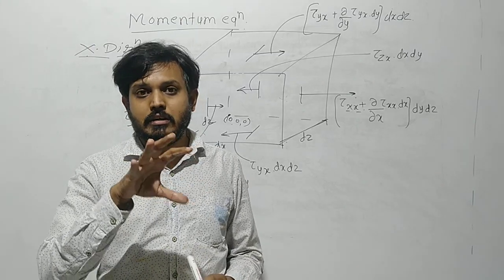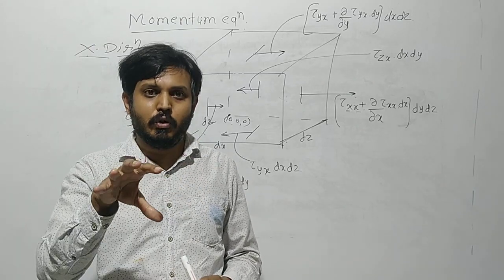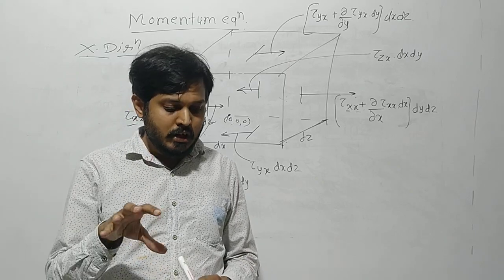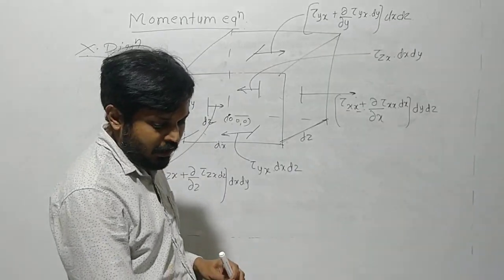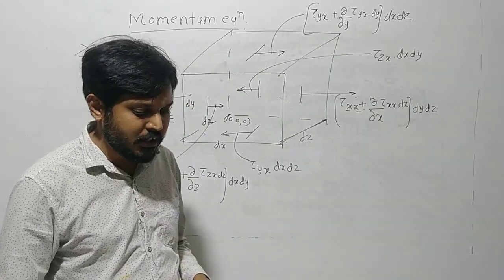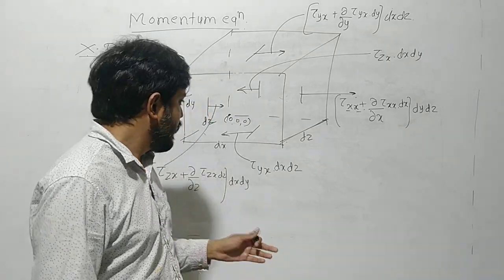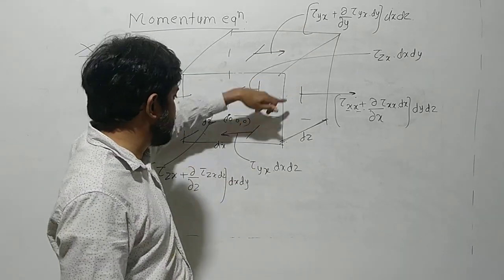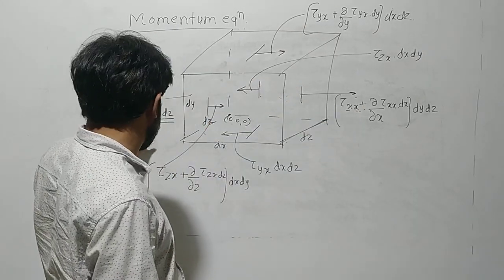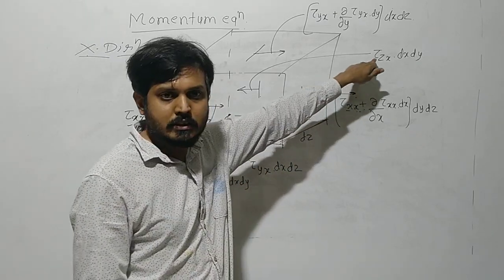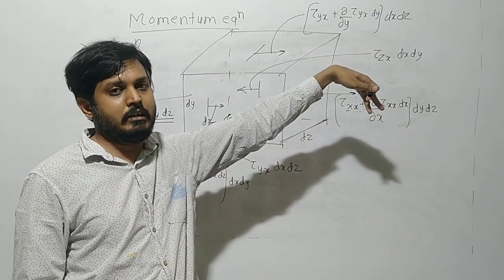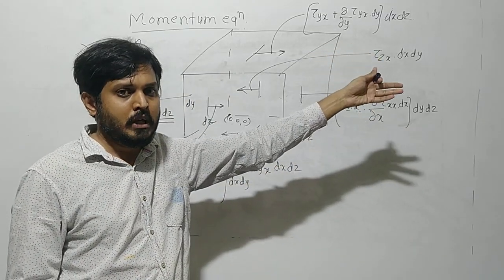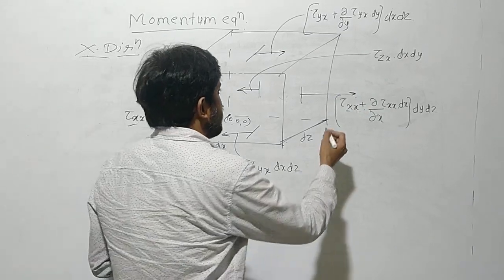Just like in the continuity equation we wrote net mass, here we write the net force acting in the x direction. How do I write it? This minus this, then this minus this, similarly this minus this. This will be the net shear force acting in the x direction. At the same time there will be a pressure force.